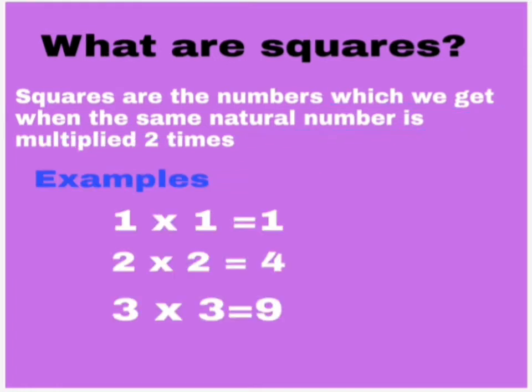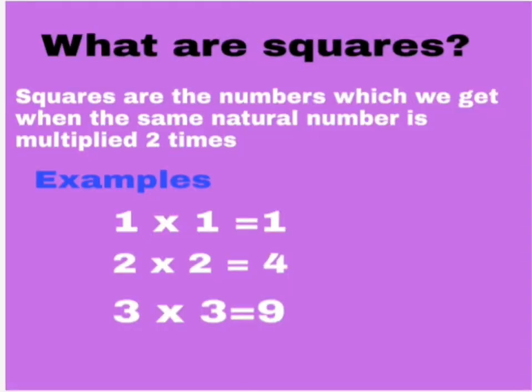Now examples for that are: 1 into 1 is equal to 1, 2 twos are 4, 3 threes are 9, and so on.